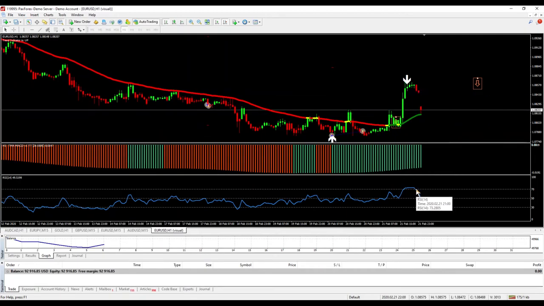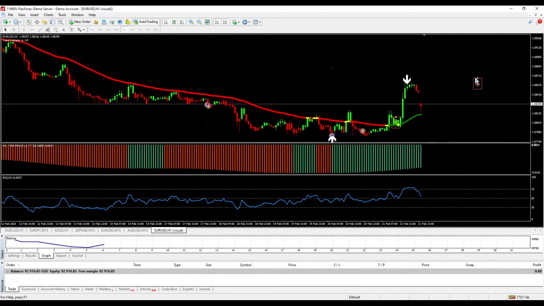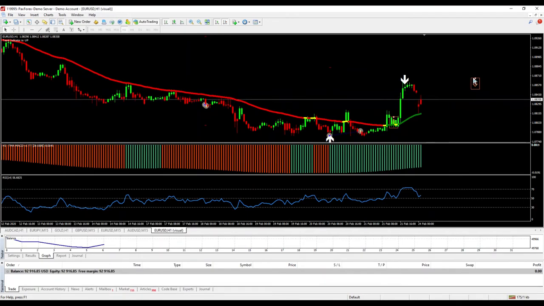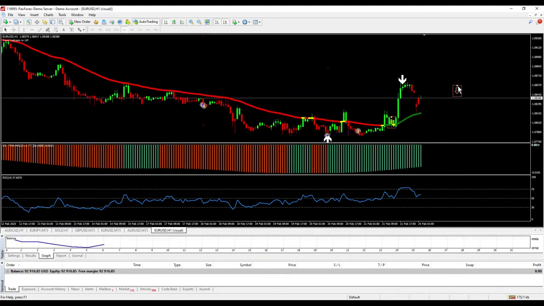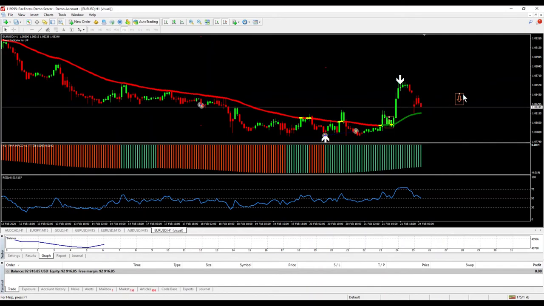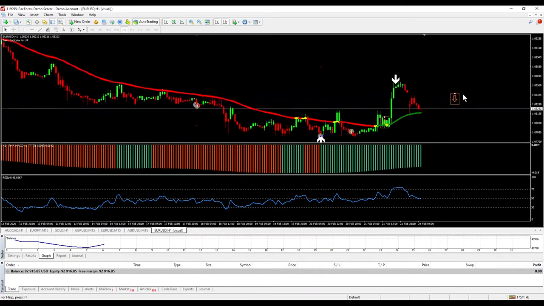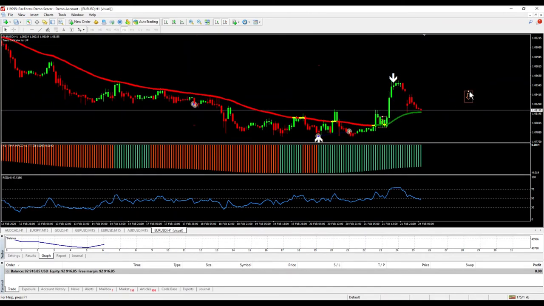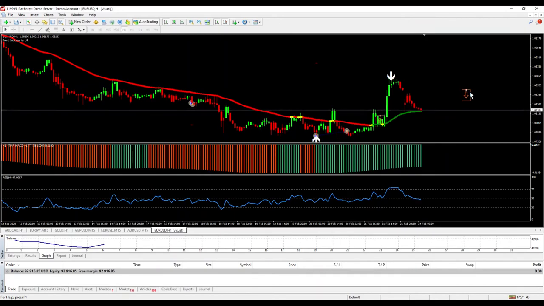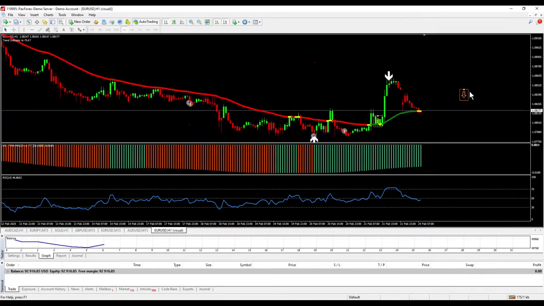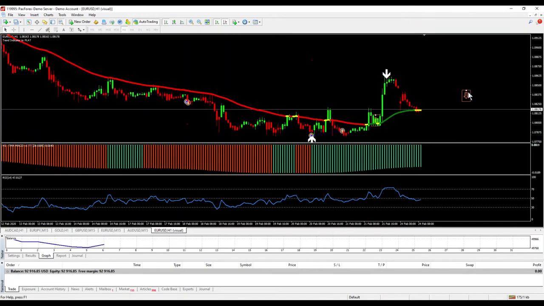The RSI is telling us we're heading back down. Right here, must have been the weekend, we had a gap. Remember, everything has to be red, and then we'll exit below the 50. Okay, we're below the 50. We're just waiting for the MACD to go red.